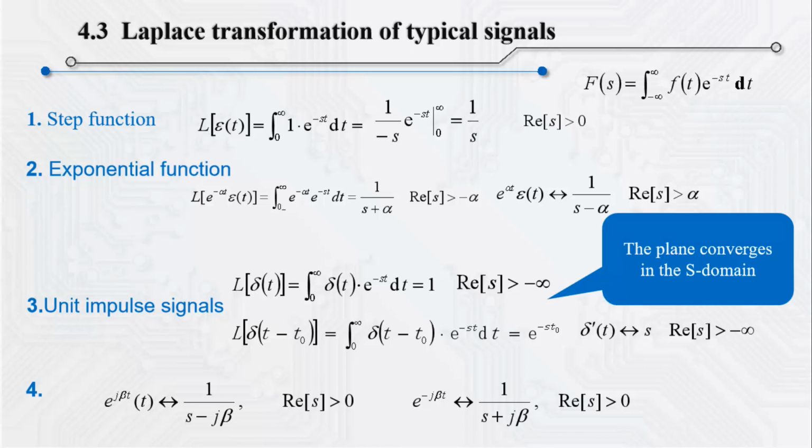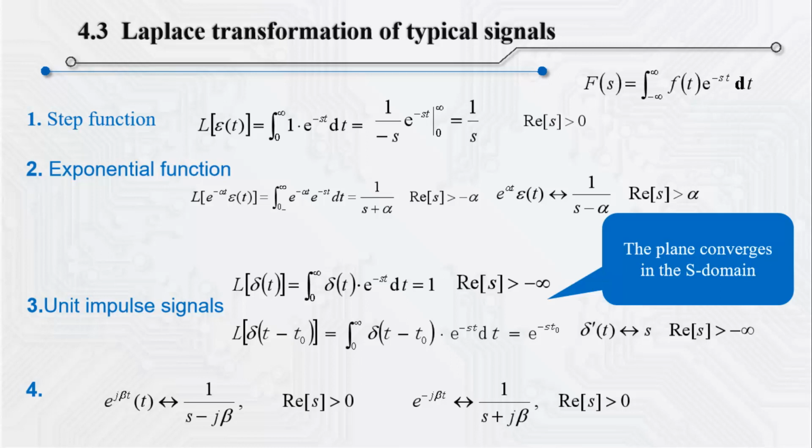Depending on the sampling property of the function delta t, f(t) takes the value f(0). Substituting into the unilateral Laplace transformation formula, its value is 1. That is, the Laplace transformation of delta t is 1. The convergence domain is the full plane.